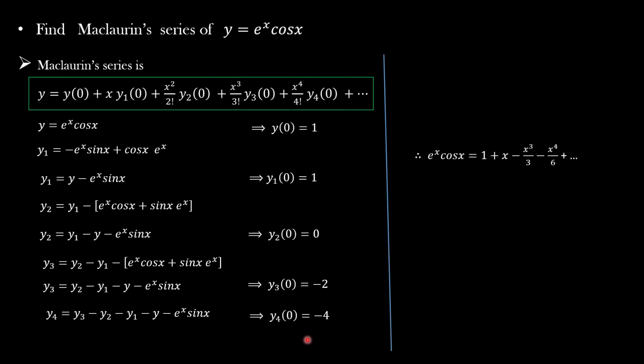Therefore, e power x into cos x is equal to 1 plus x minus x cube by 3 minus x to the power 4 by 6 and so on.